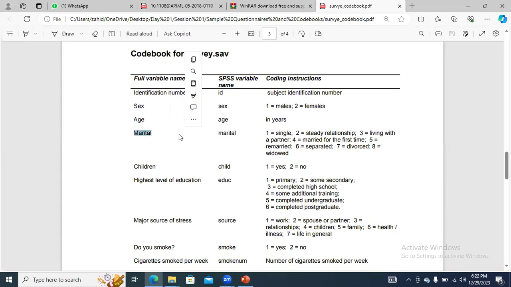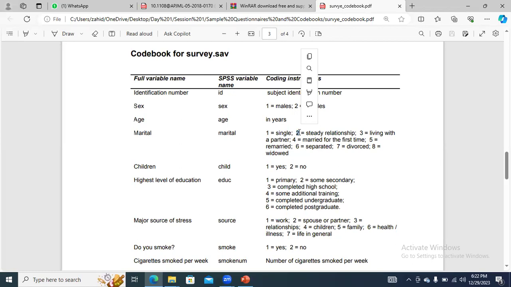Like in the marital status, you can see that he has codified different numbers. For single, he has codified number 1. For steady relationship, he has codified 2. In eastern countries like Pakistan, India, and some of the Asian countries, we may have 3 options for marital status.